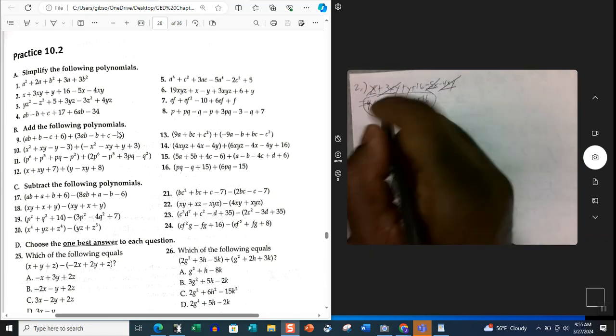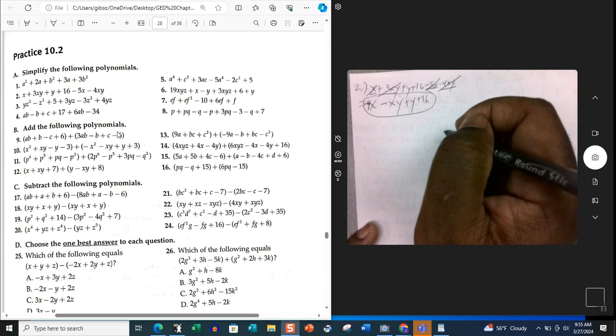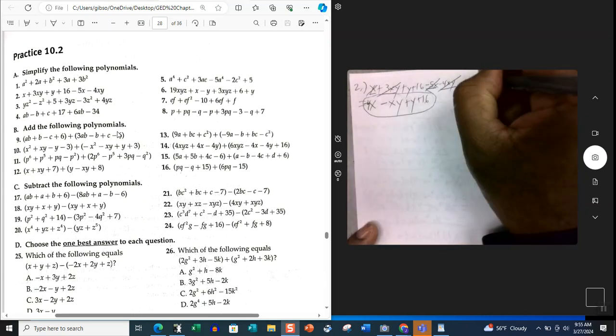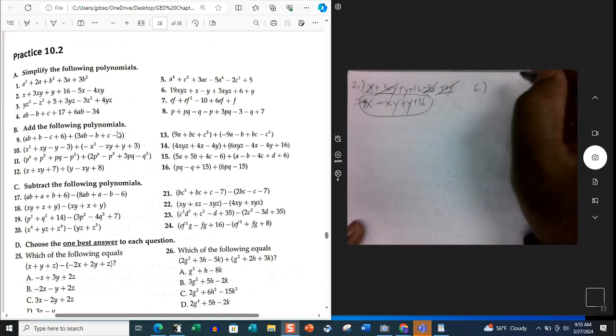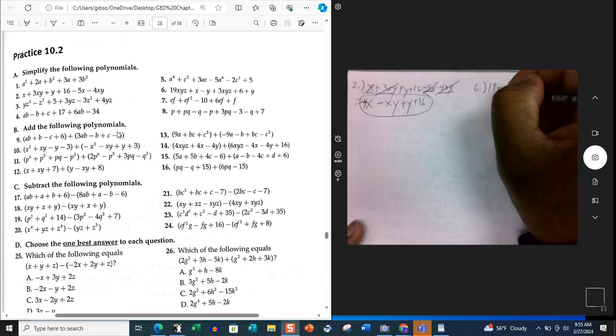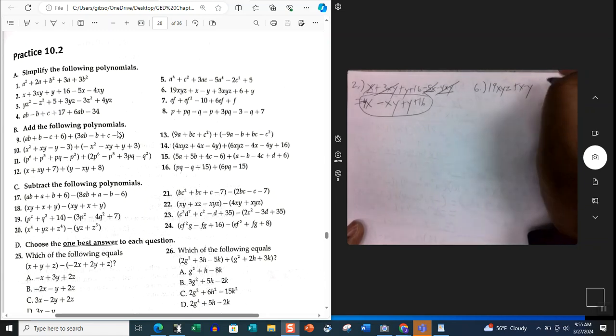All right, now, the next number, let's look at problem 6. Problem number 6, we have 19xyz plus x minus y plus 3xyz plus 6 plus y.